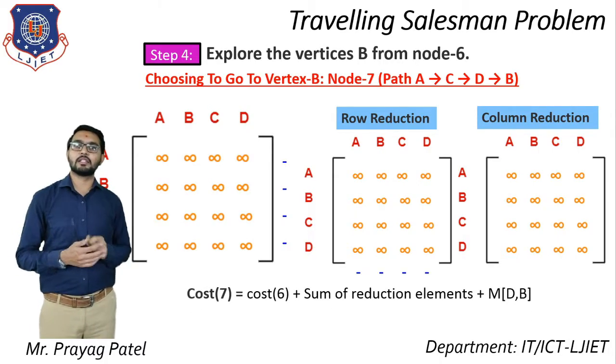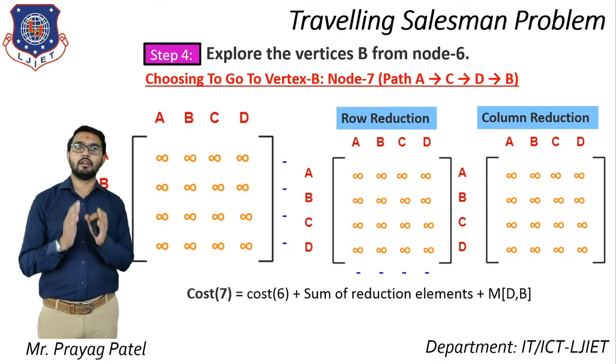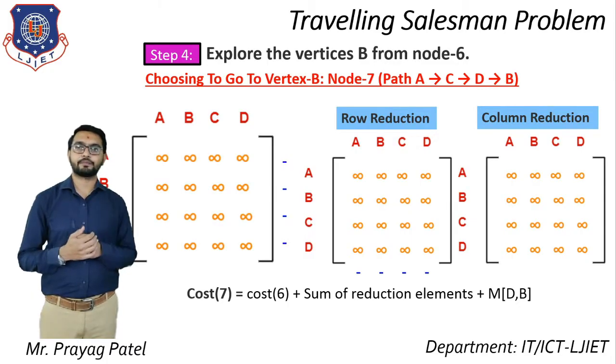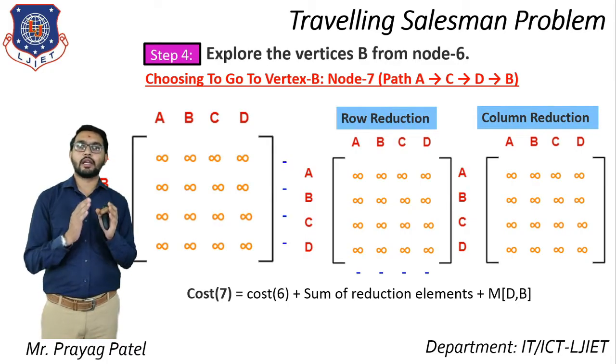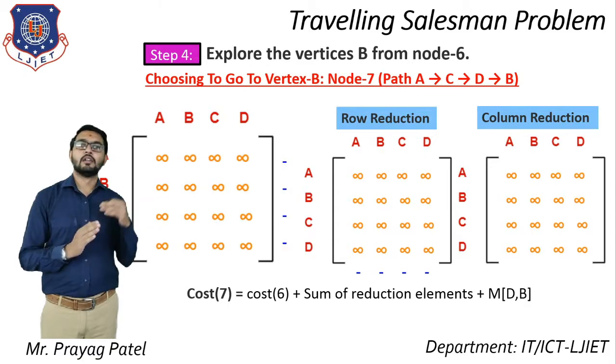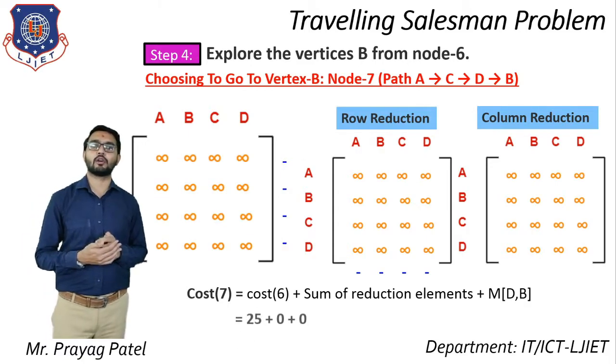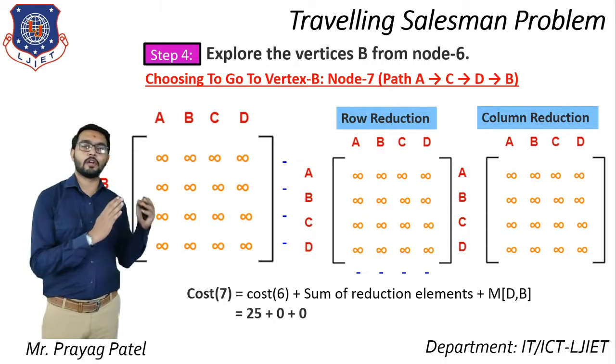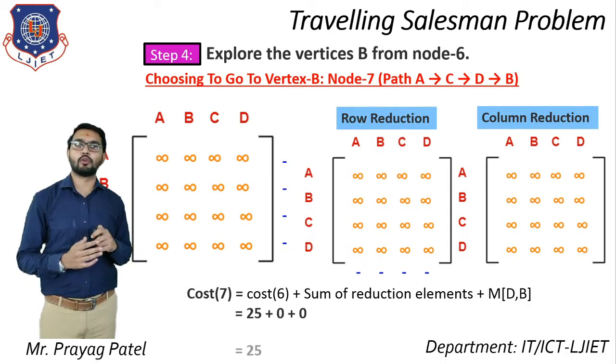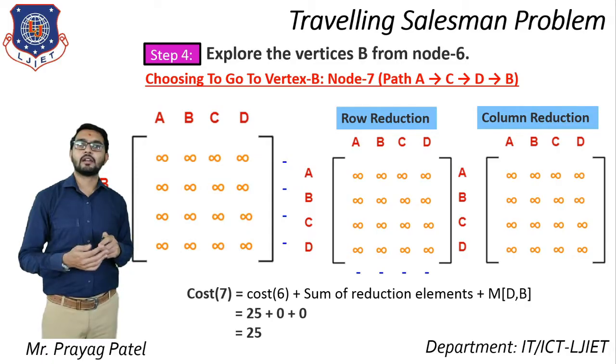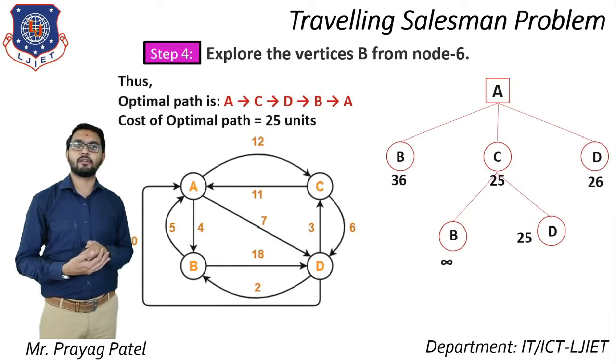Now consider the final cost for level 7 or node 7. So cost 7 equals cost 6 plus the sum of the reduced cost plus M[D][B]. So here consider the cost as 25 plus 0 equal to 25. So the final cost is 25.